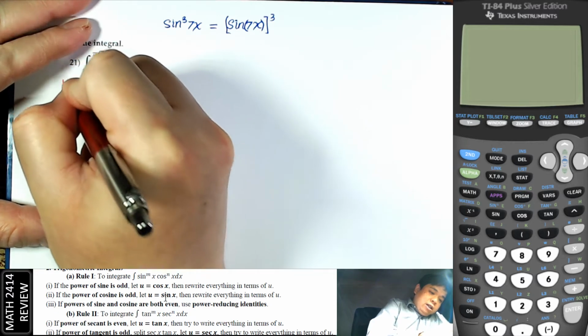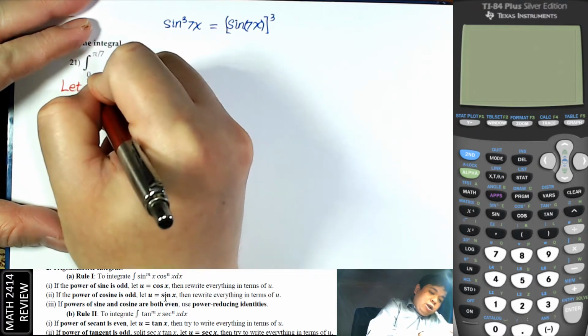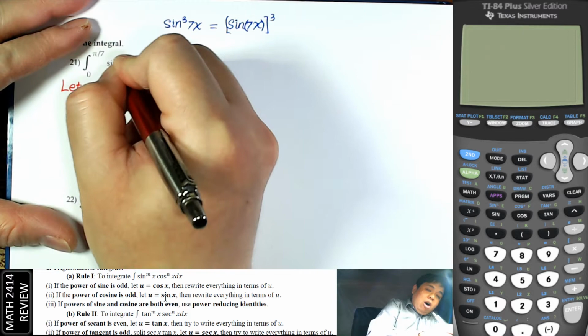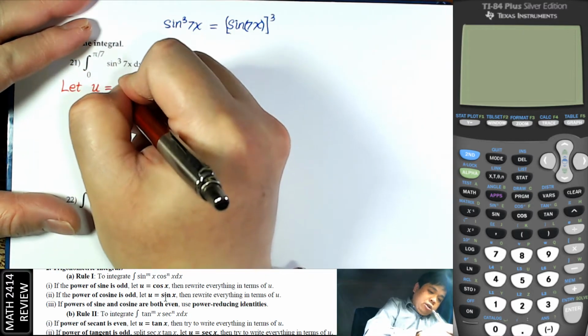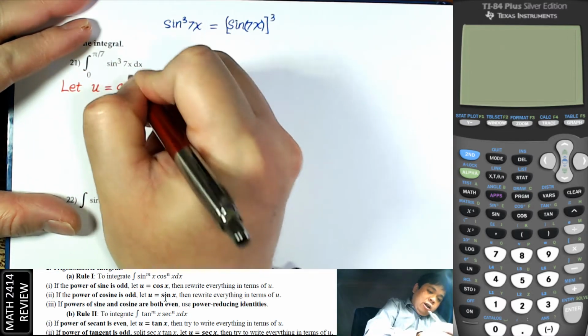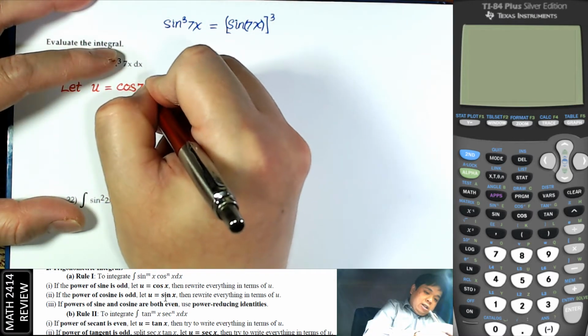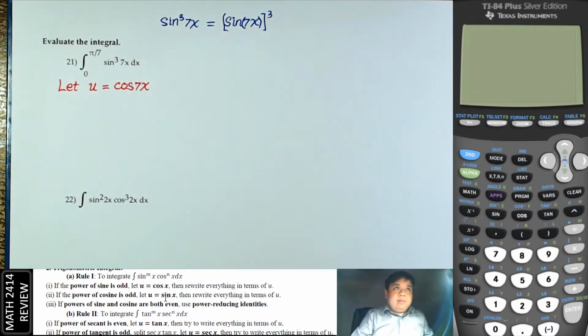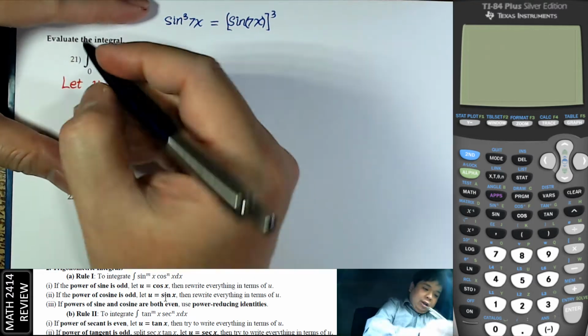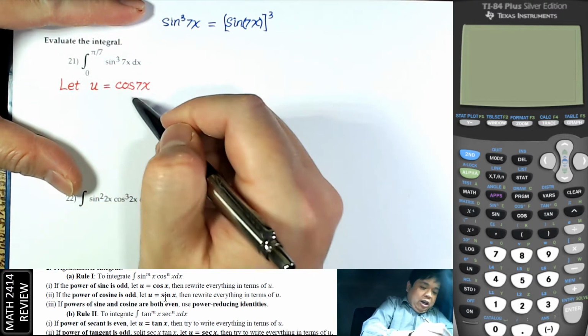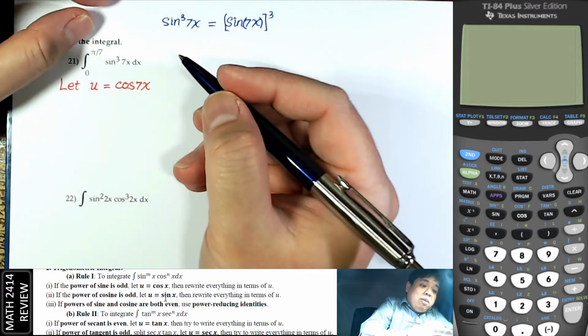So we let u equal to cosine, because the odd power is on the sine. And this has a 7x, so we say cosine of 7x. Even though there's no cosine there, worry about that later.